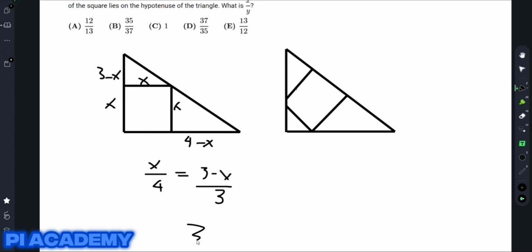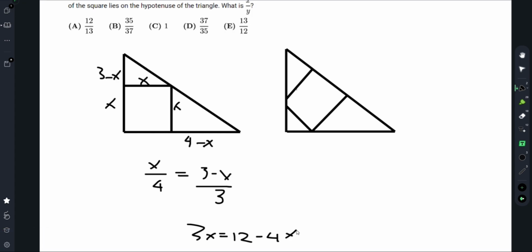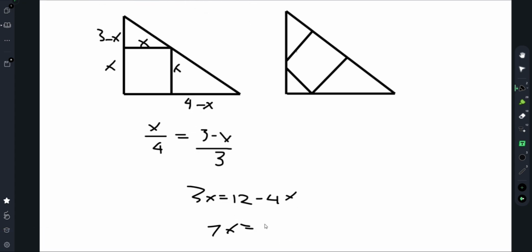So this goes to 3x is equal to 12 minus 4x. So 7x is equal to 12. We know that x is equal to 12 over 7. So what does this mean? This means that we can start looking at the second one now, because we've already found x.